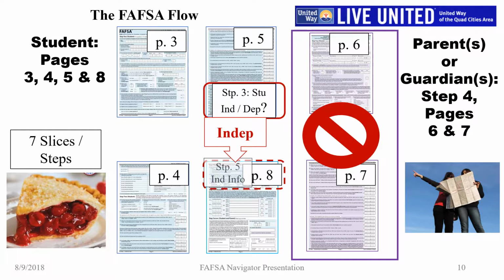If the student answered any of the Step 3 dependency status questions as yes, then they are considered independent, and the student skips Step 4 and proceeds to Step 5 on the top of page 8 and answers more questions on their household and personal situation.